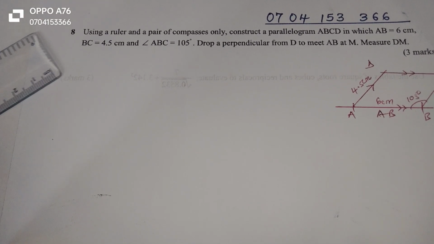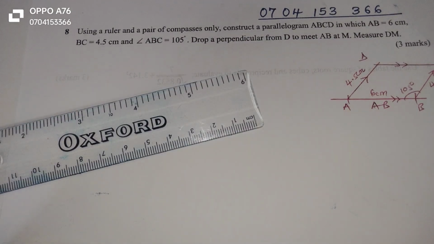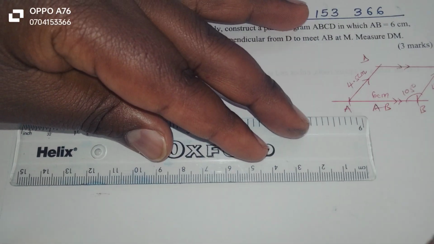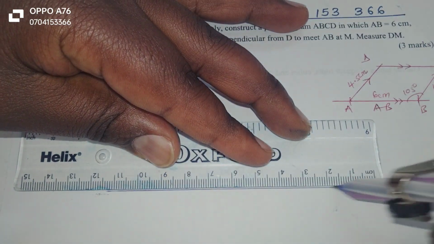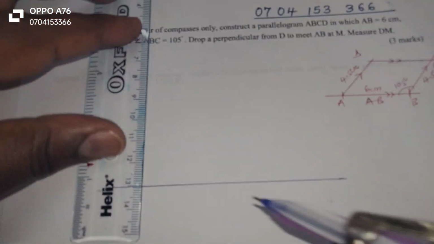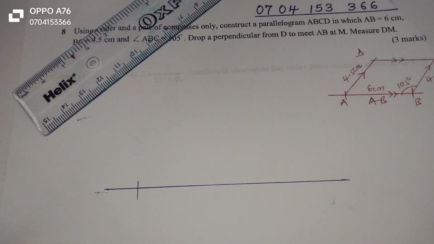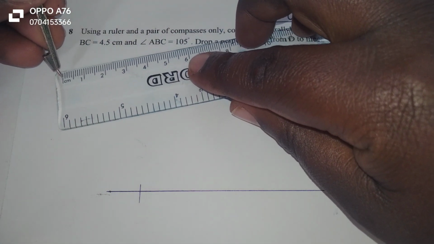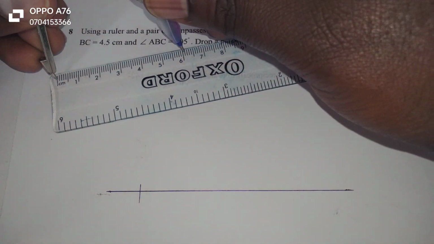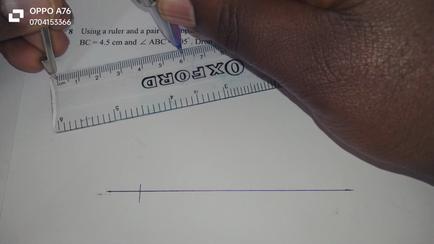So we begin by coming up with line AB. Let me draw line AB first. So I just make a straight line, then I mark the start. Remember that is now my point A. Then to my straight ruler, I measure a radius of exactly 6 centimeters.